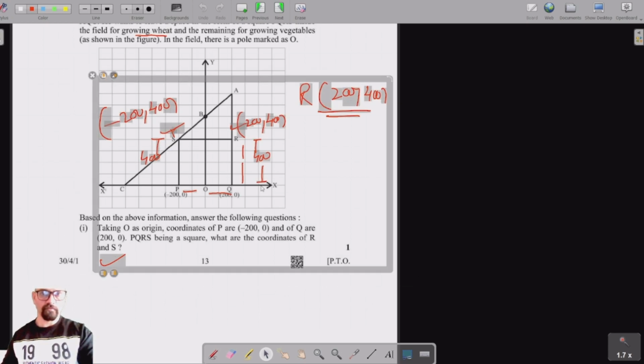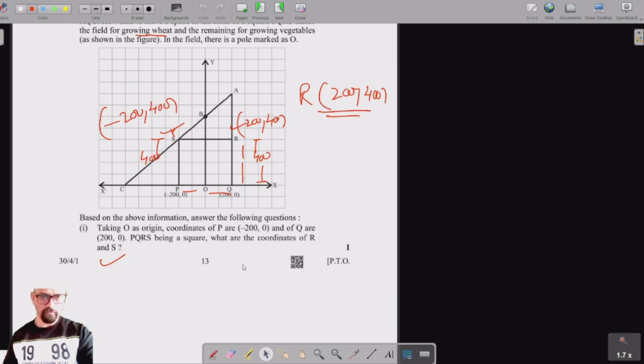So to find the area of the square PQRS, for question number 2, PQ is 400 units and QR is 400. It has all the sides equal.